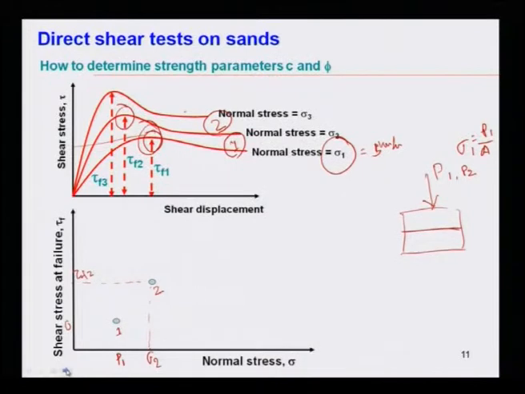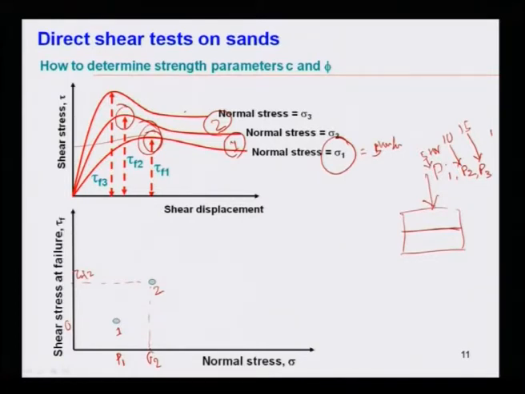Suppose sigma 3 is the normal stress, and the load you apply is P3. Suppose initially you applied a load of 5 kilonewton, then 10, then 15. So, P3 relates to the stress corresponding to the 15 kilonewton load, P2 is the stress corresponding to the 10 kilonewton load, and P1 is the stress corresponding to the 5 kilonewton load.